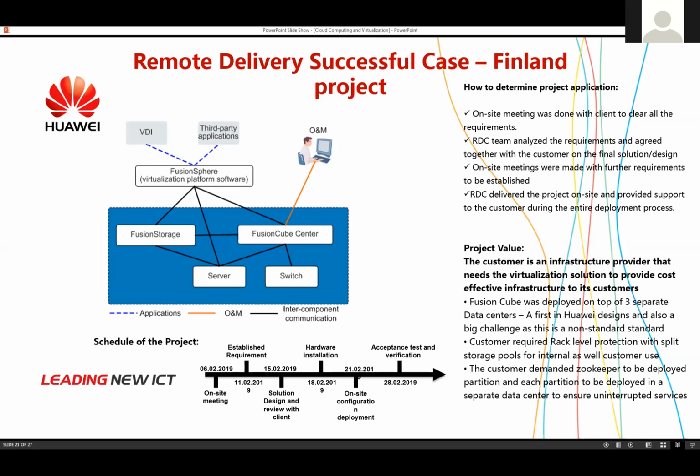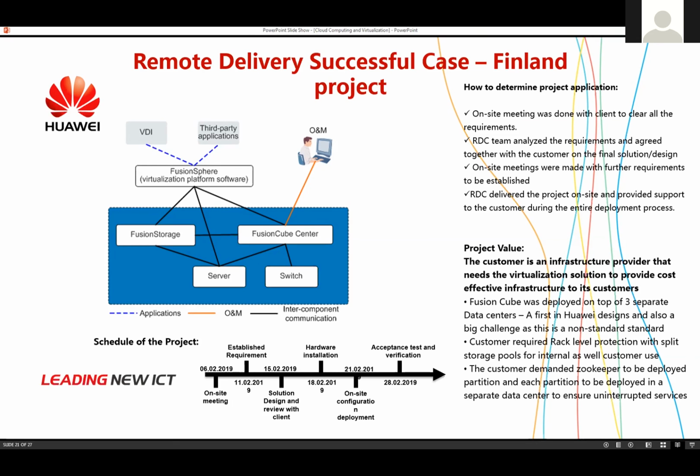And another challenge in this case was partitioning. When we use the Fusion Cube Builder to deploy, we can only select, because if you remember, we spoke about the distributed cluster storage. We create one big storage pool out of all the servers using all the disks. And the customer didn't really want that.